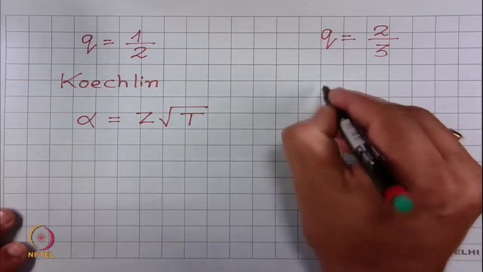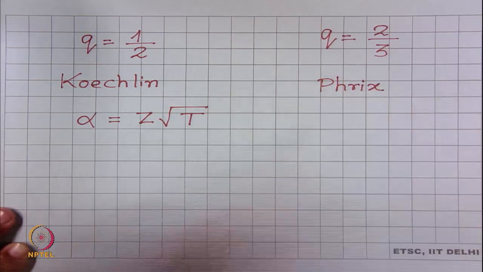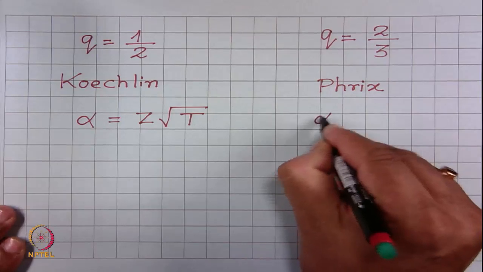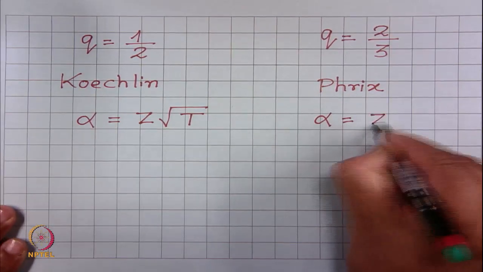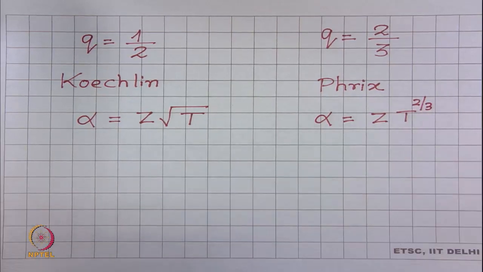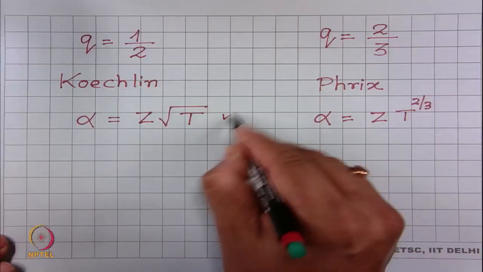So, that is often called Frick's coefficient of twist multiplier. In that case, we obtain z t to the power 2/3. In India, in all industries, all universities, the half relationship is generally taught.